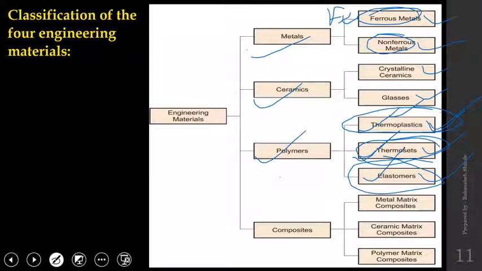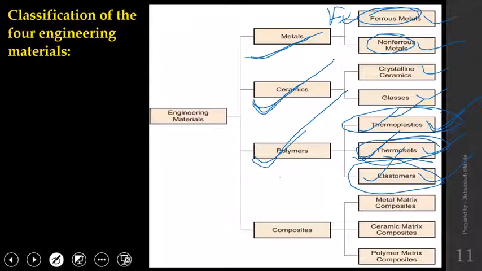Now, you might come across a situation where metal is not enough, ceramic is also not enough, polymer is also not enough. Suppose you want an application where the material is supposed to have strength as well as not get affected by chemicals.